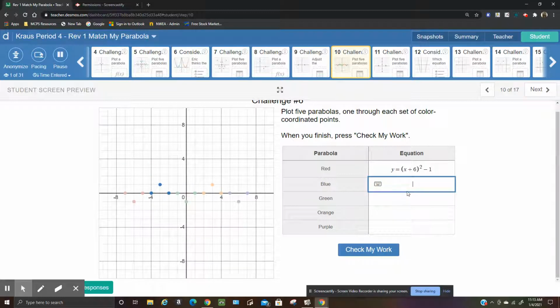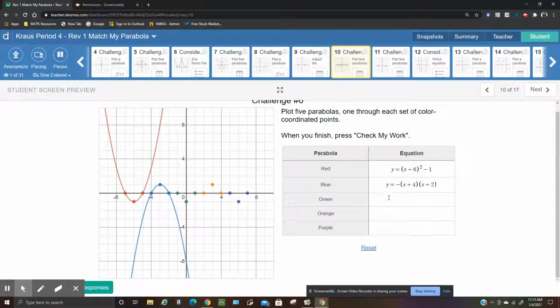The blue one, if I use the intercept form, it's going downward, so negative x +4. X minus a -4 would be x +4. X minus a -2 would be x +2. All right.